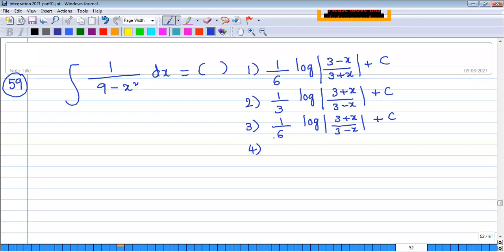Fourth option is 1 upon 3 log mod 3 minus x by 3 plus x plus constant of integration. What is the answer?